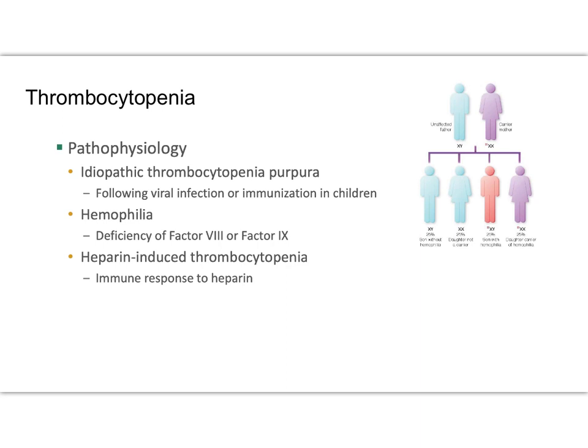So similar to polycythemia, we could have a genetic, idiopathic side. You can also have this happen after a viral infection or immunization, because of our inflammatory response to that, platelets might get used up.